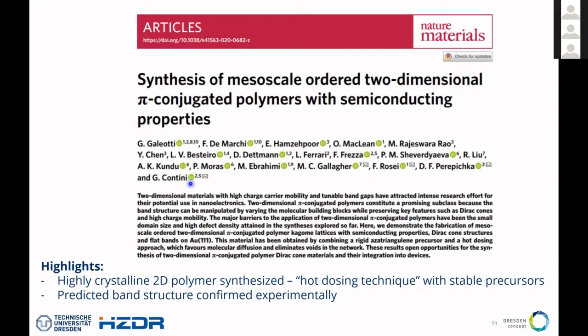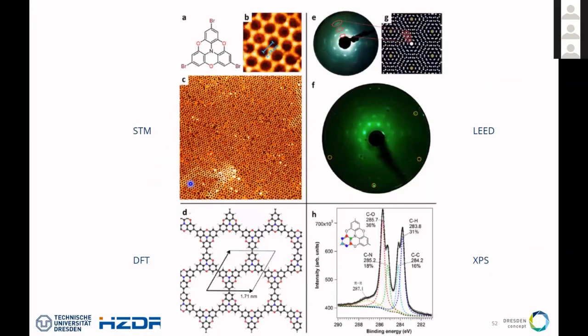If you are interested in that field, it's a very, very nice presentation, a very nice paper in Nature Materials. You can see the structure calculated with DFT. Here you can see the STM picture, a very, very large network. You can see a diffraction image.